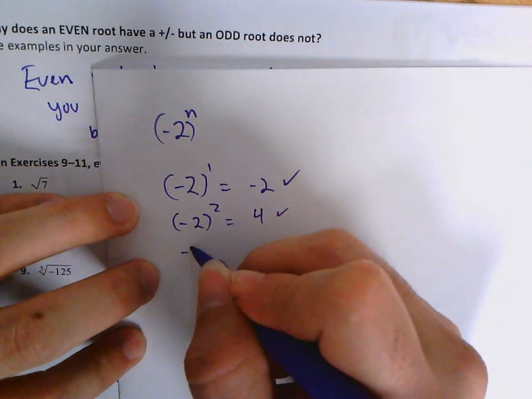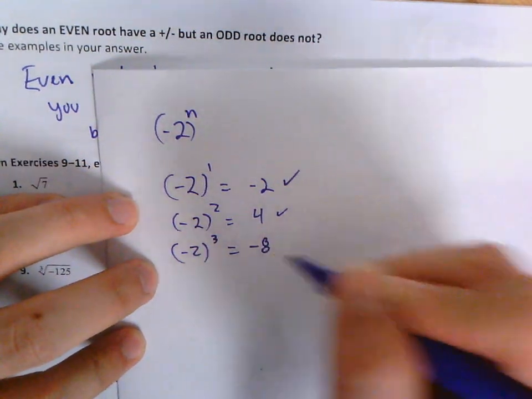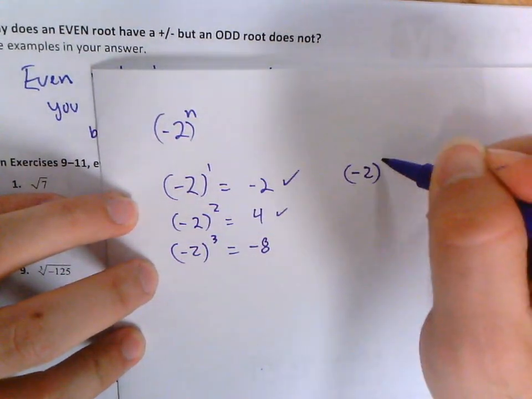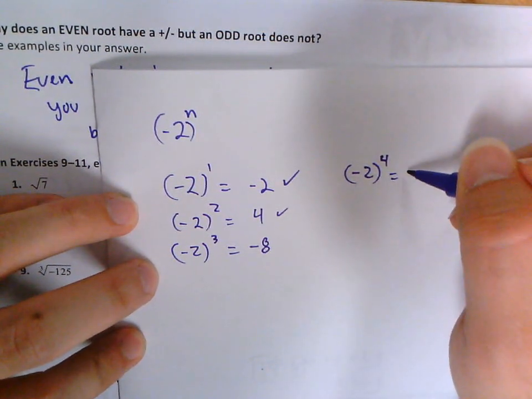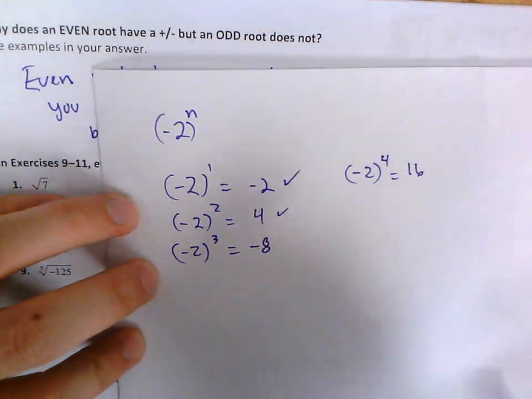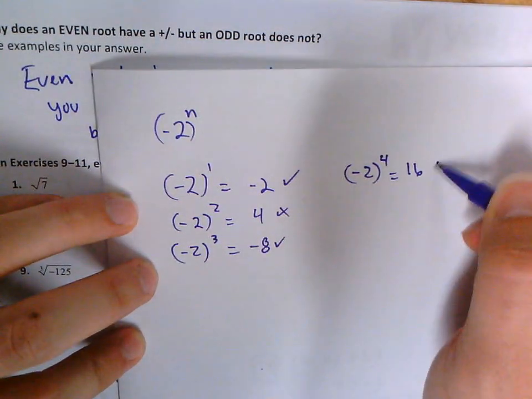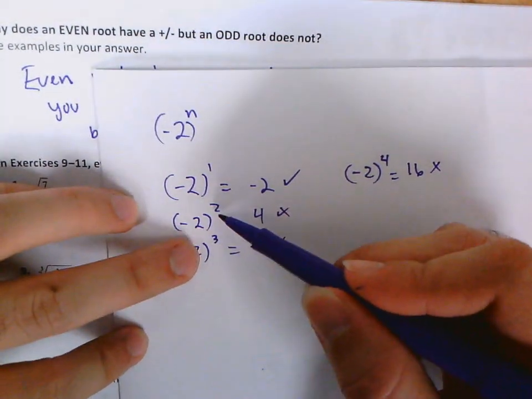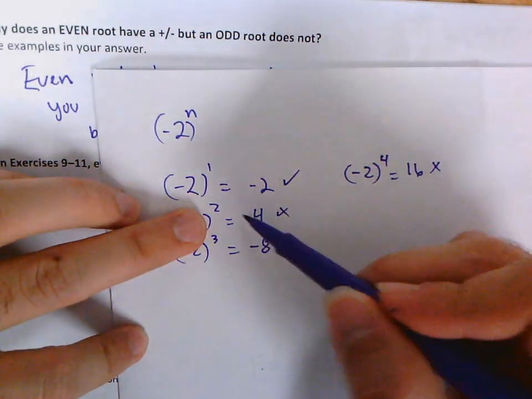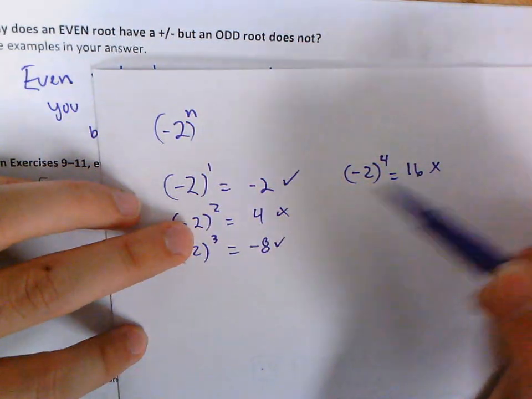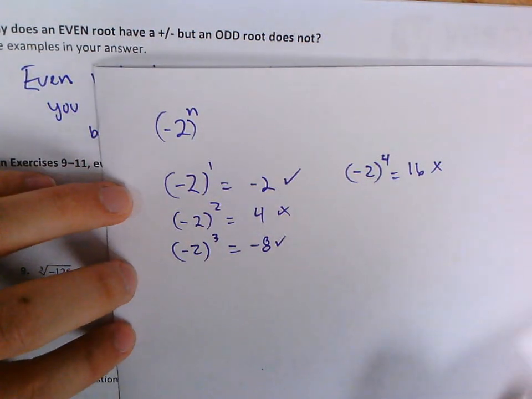And let me do this very quickly. That's equal to positive 16. So you can see a pattern that if your exponent is even, then you get a positive number. So that's one of the reasons.